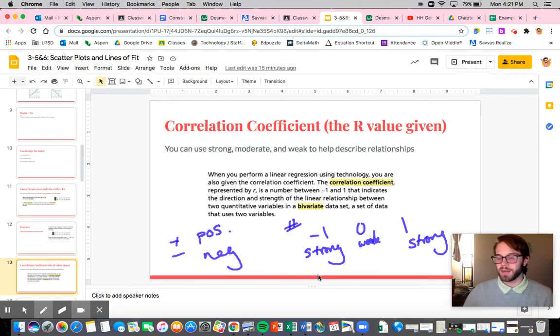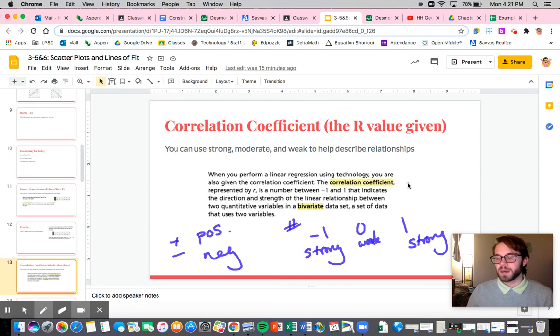There's no defined hard line for what the cutoff is between strong versus moderate versus weak. It's kind of a continuum. Somewhere between 0 to 0.3 or 0.4 falls in your weak. Your moderate is kind of 0.4 to 0.6 or 0.65, and anything above 0.7 is usually pretty strong.